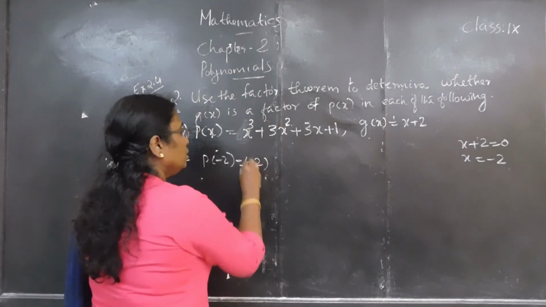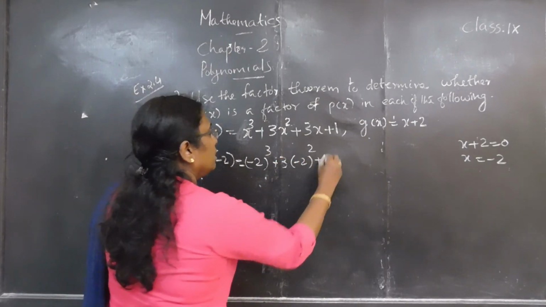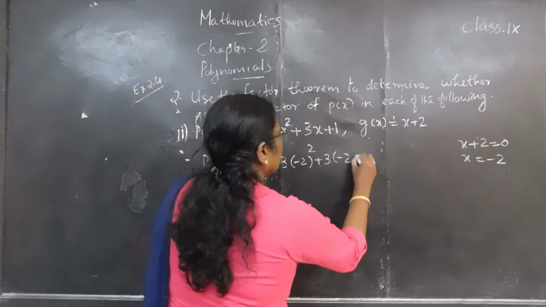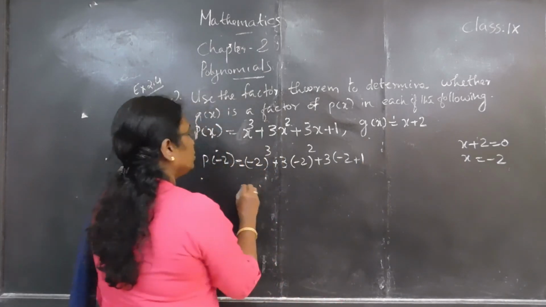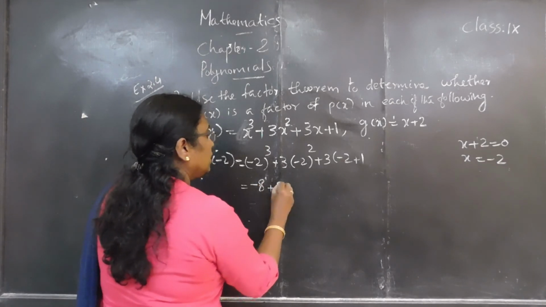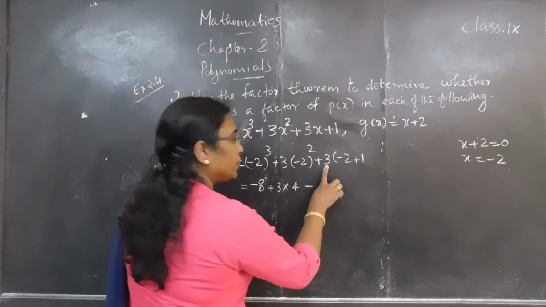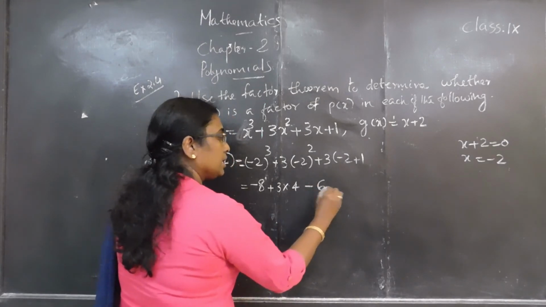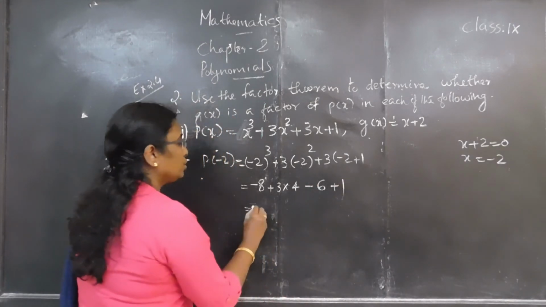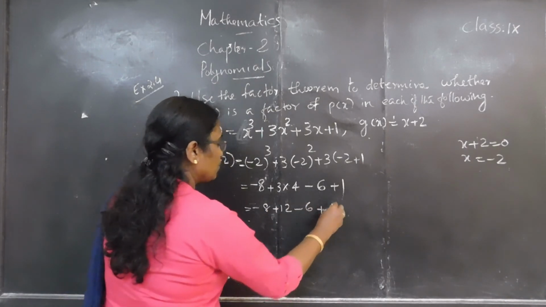That is (minus 2) the whole cube plus 3 into (minus 2) the whole square plus 3 into minus 2 plus 1, which equals minus 8 plus 3 into 4 plus 3 into minus 2 plus 1, that is minus 8 plus 12 minus 6 plus 1.